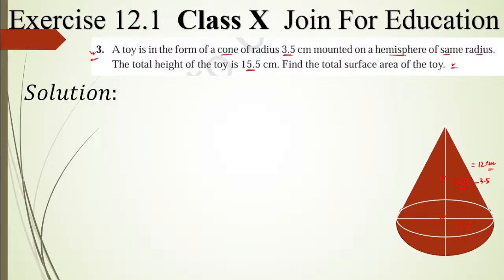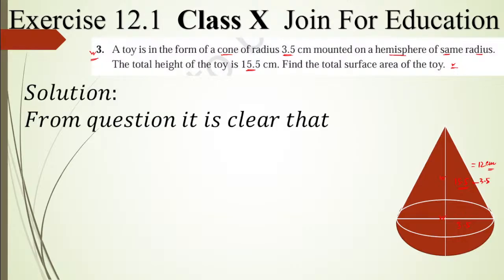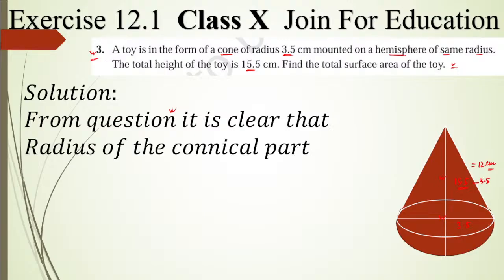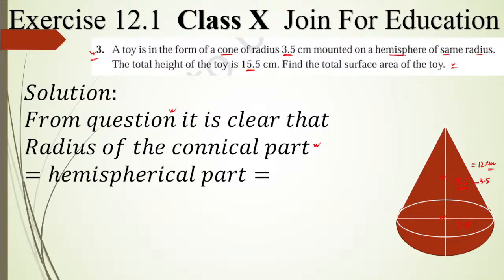So from the question it is clear that, let's see here, radius of the conical part equal to hemispherical part, and radius is generally denoted by r, therefore r equal to 3.5 centimeter.